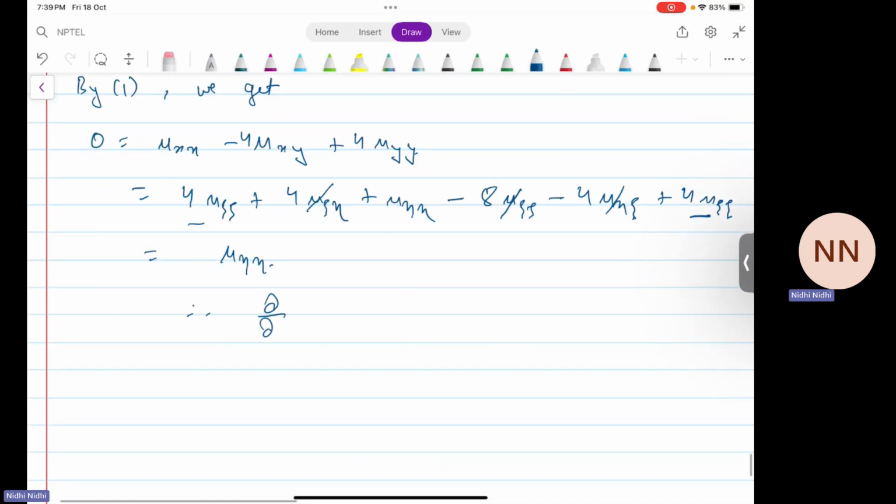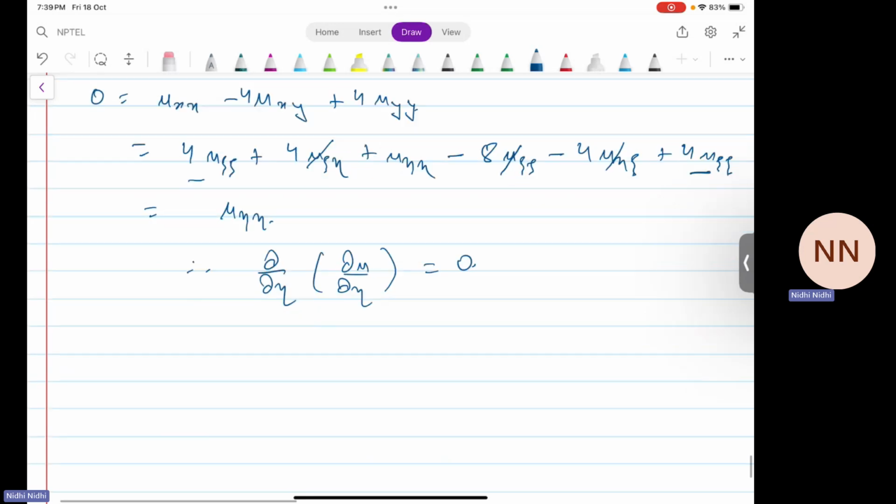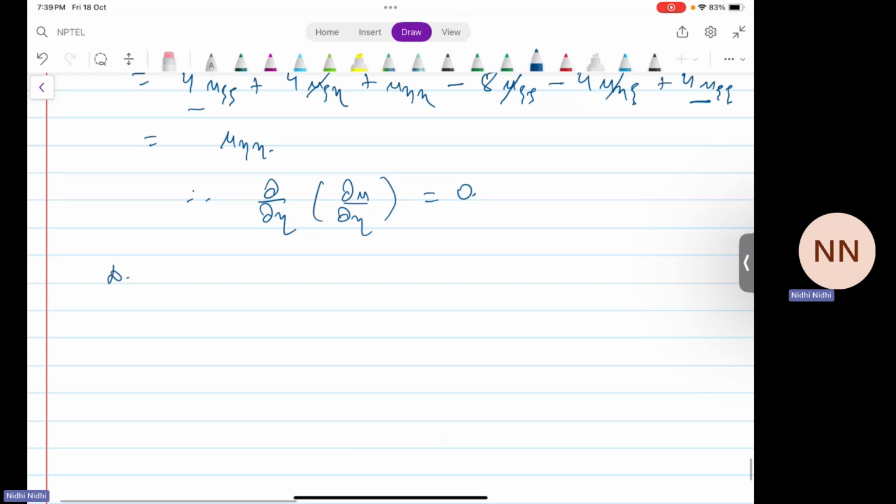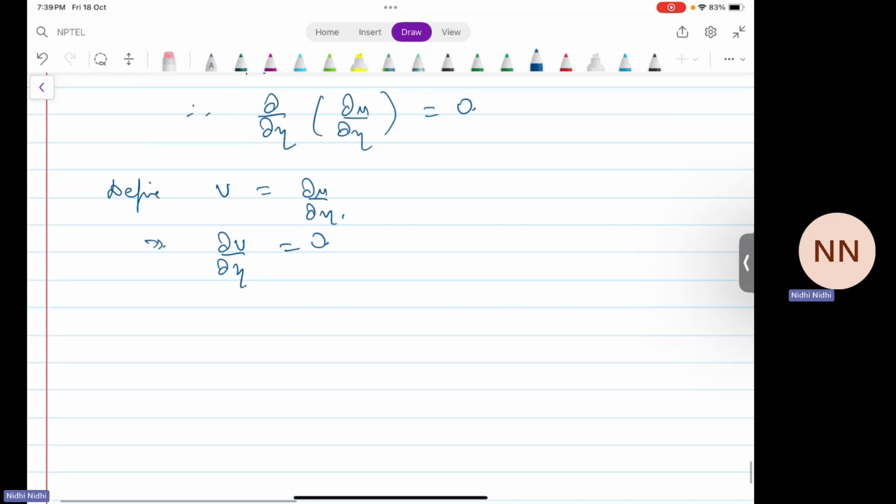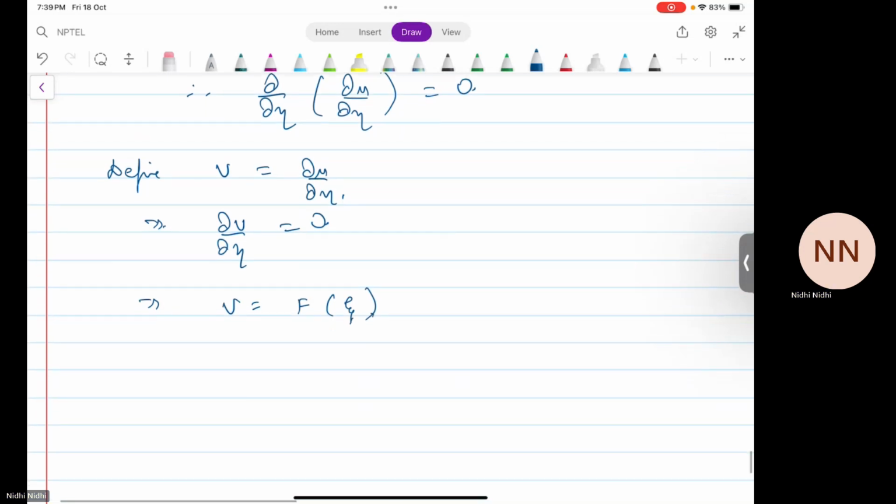Therefore, del by del eta of del u by del eta is equal to 0. Now, if I define v is equal to del u by del eta, this gives us del v by del eta is 0. That means v is constant with respect to eta. This gives us v is some function of zeta only. That means del u by del eta is a function of zeta.